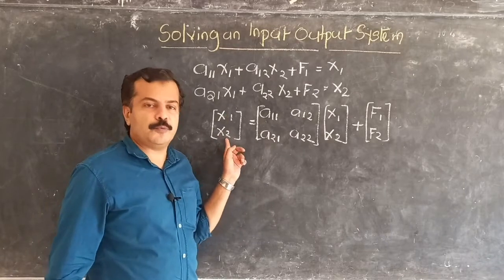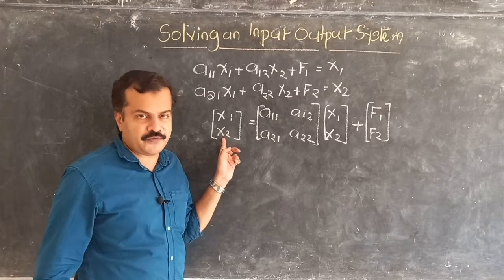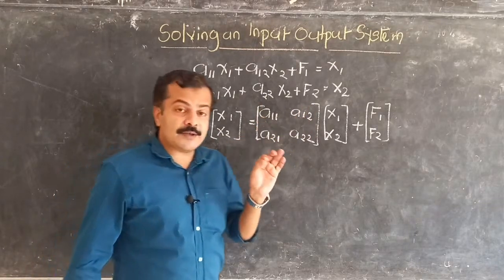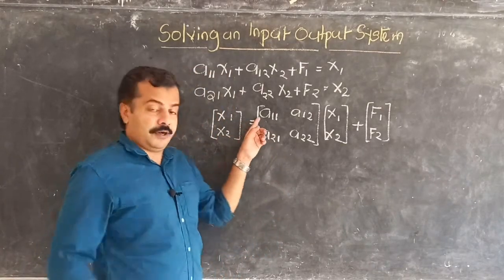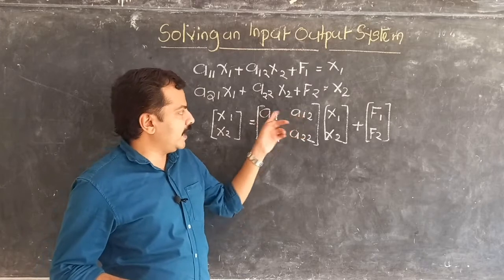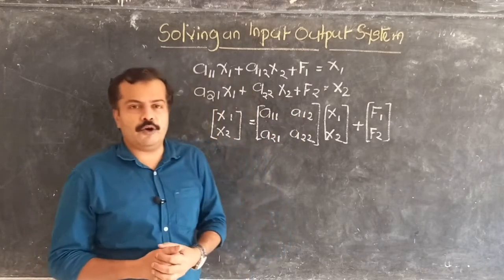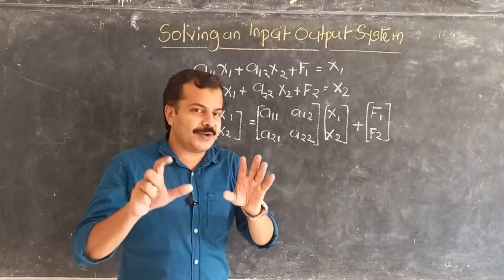vector of gross output. X1 is the total output of the first sector, X2 is the total output of the second sector. And we have a matrix here, a matrix of technological coefficients. We also already saw that a11, a12, a21, a22 are known as the technological coefficients or structural coefficients or the input-output coefficients, which were assumed to be fixed.